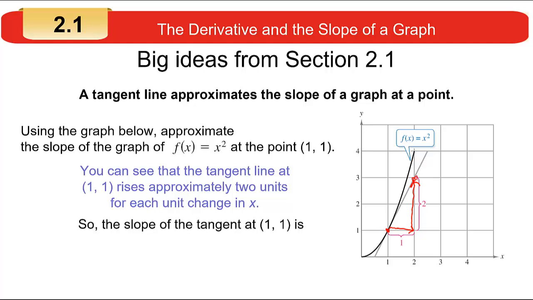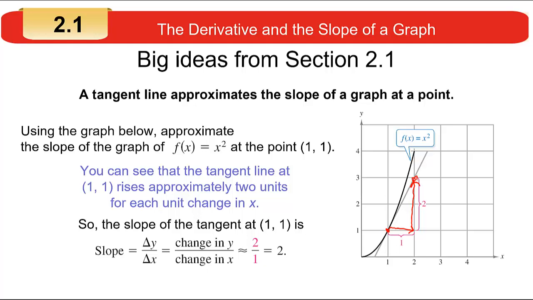And that tells you immediately that the slope is going to be 2 over 1, which is 2. So in theory, you could take any function, make a good approximation of where the tangent line lies on a graph, and then approximate the slope by using rise over run.